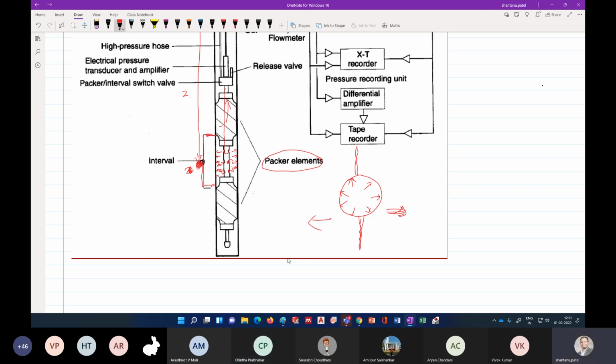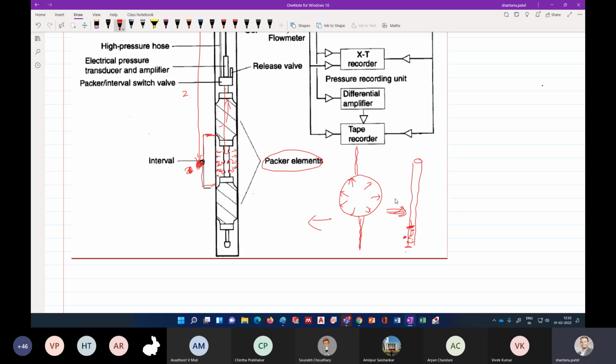You just drill a hole all the way down where you want to do the test, isolate some area between these two points, put a pipe here, apply some fluid pressure, and increase that fluid pressure till a fracture begins to open inside this drill hole. Okay, so this is what is done.